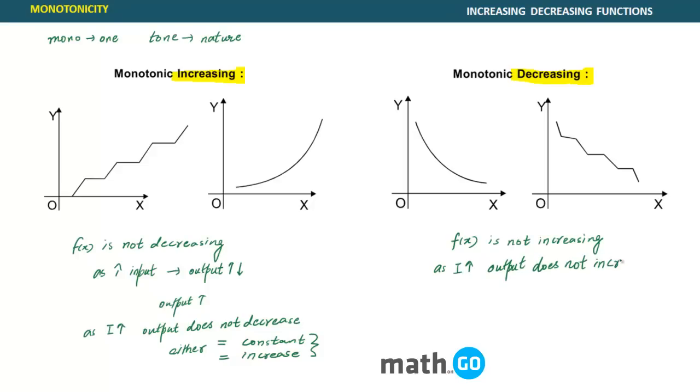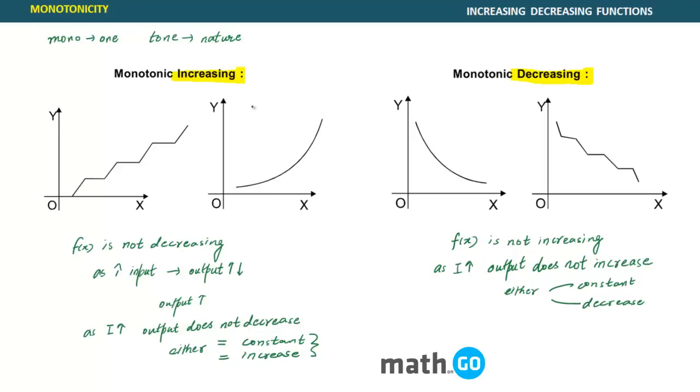We do not say directly decreases, we say output does not increase. Either it will be constant or it will decrease. Both these cases fall under this particular category.